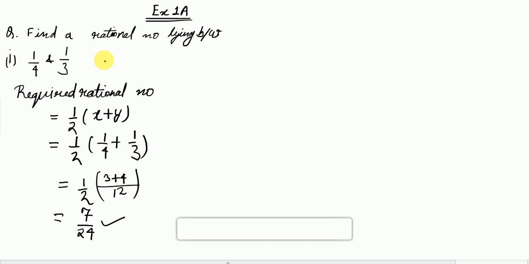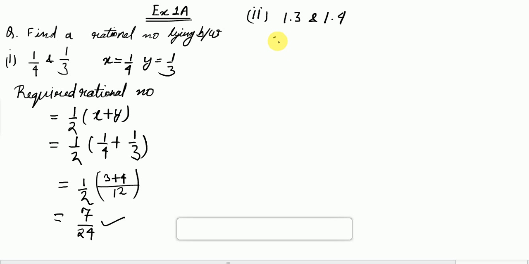We can also write this type: x is equal to 1/4 and y is equal to 1/3. And now we find a rational number between 1.3 and 1.4.